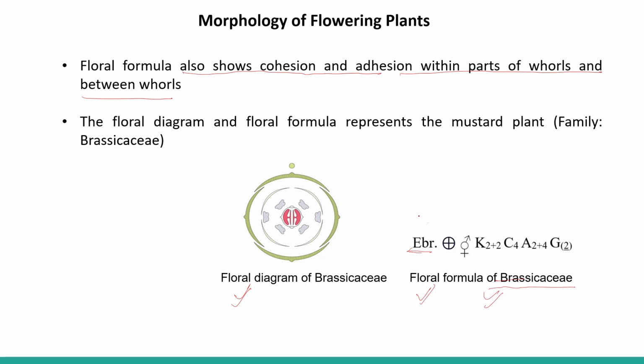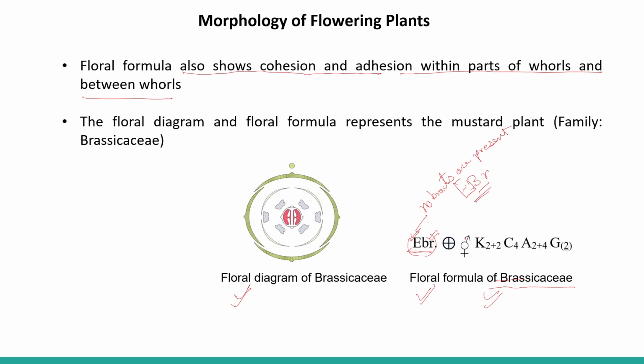So let us see what is described in the floral formula. The flower is ebracteate. Ebracteate means no bracts are present. And if the flower is bracteate, then it should be written as BR, and if it is not present, then EBR.